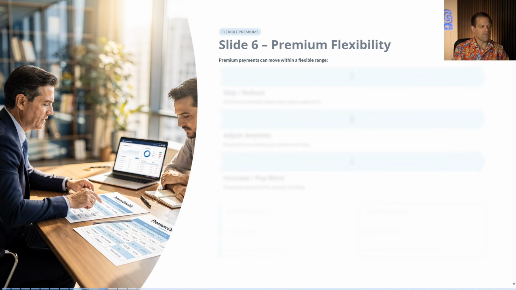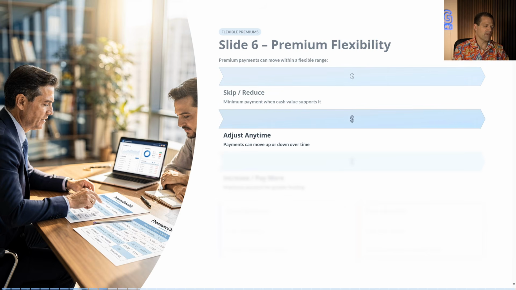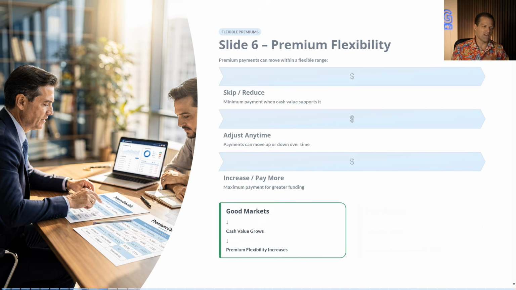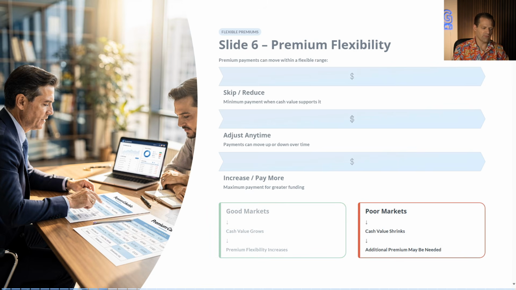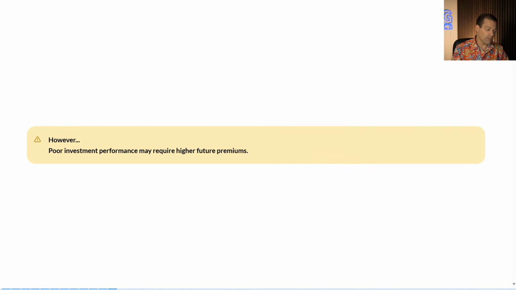So there's also premium flexibility, so you can skip, reduce payments, adjust them up or down anytime, and increase or pay more if you want to enhance the funding capability. So in good markets, cash value grows and premium flexibility increases, but in poor markets, cash value shrinks and additional premium may be needed. However, poor investment performance may require higher future premiums as well.